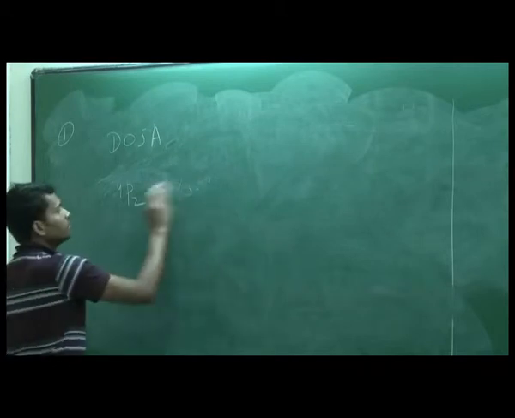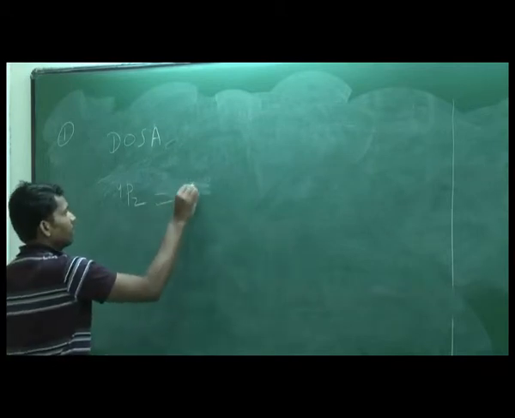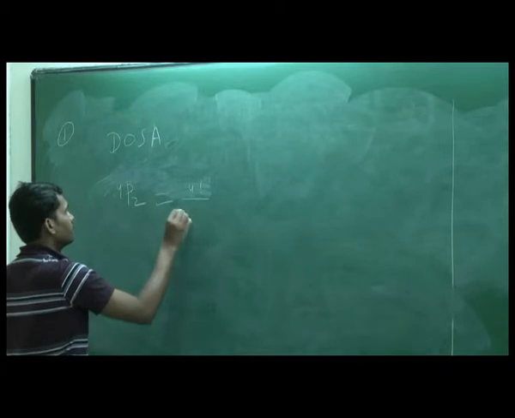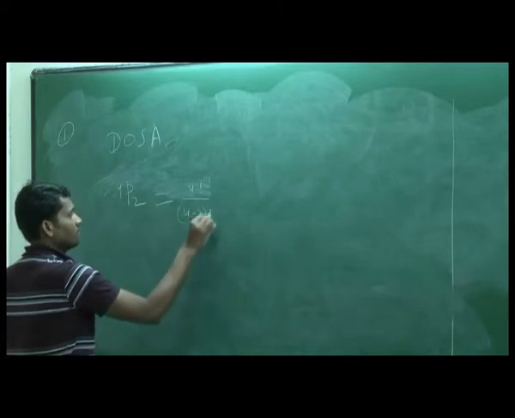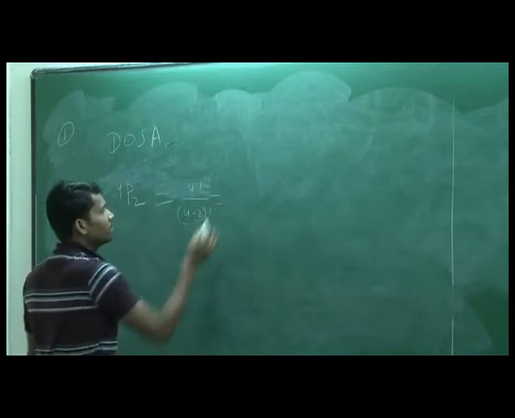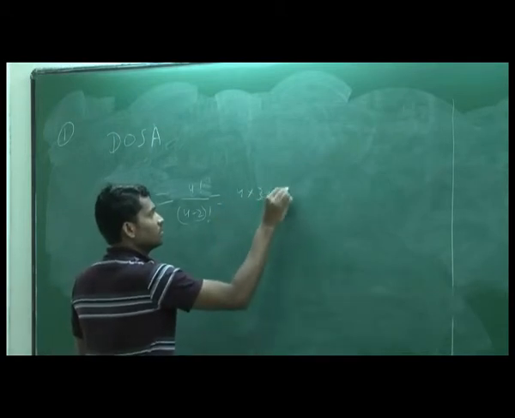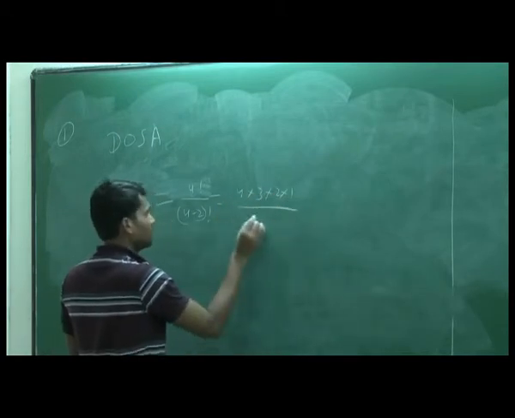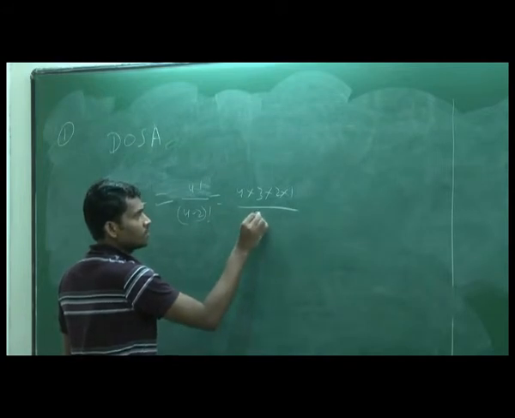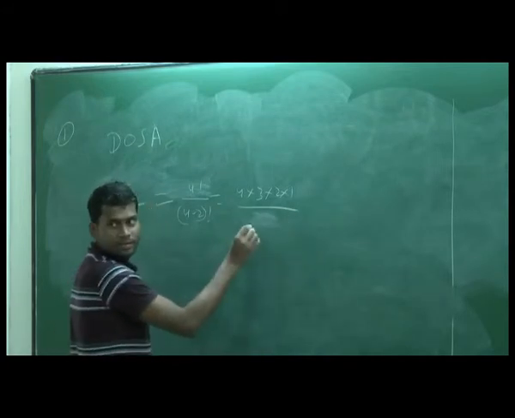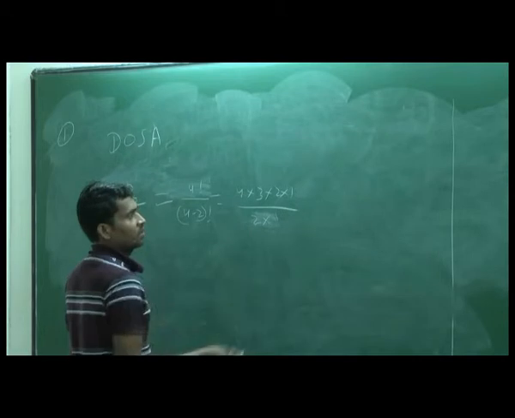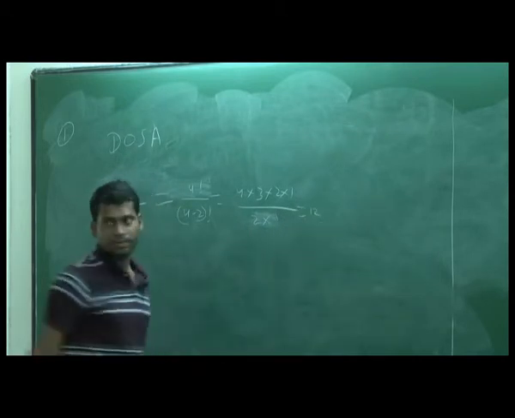So how many ways can we do this? 4 factorial divided by 4 minus 2 factorial. 4 factorial means 4 into 3 into 2 into 1, divided by 2 factorial, which is 2 into 1. Equal to 12.